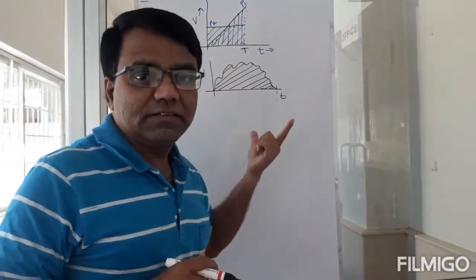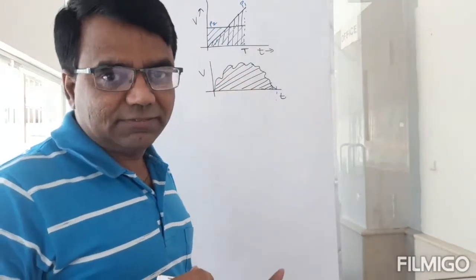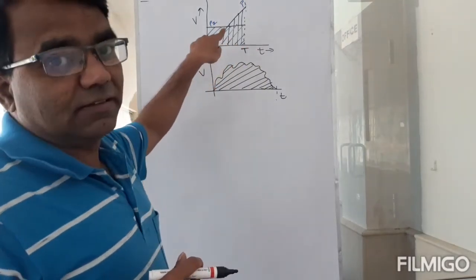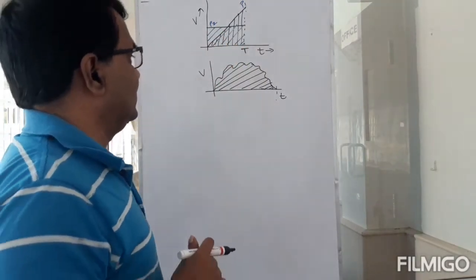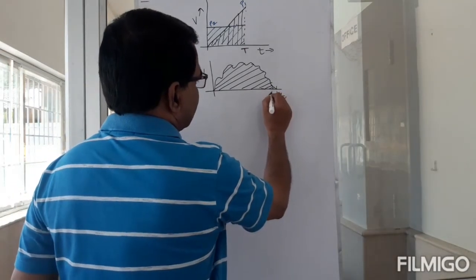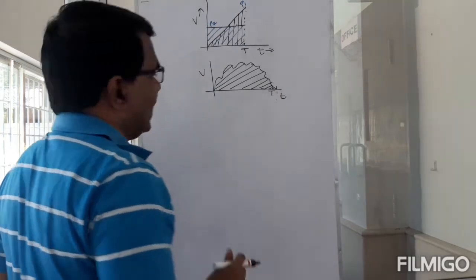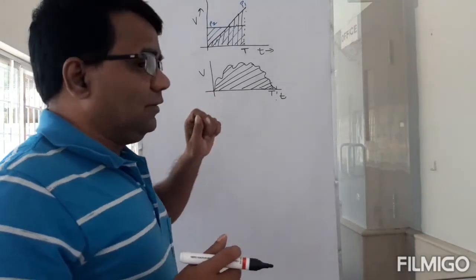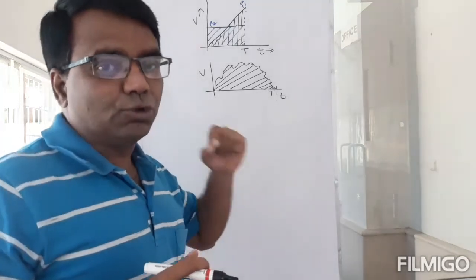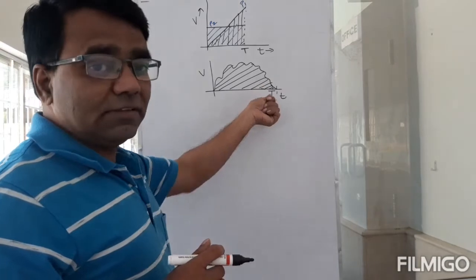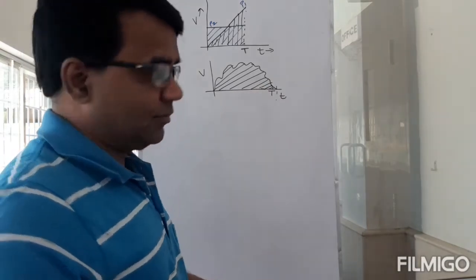So how do you find the average speed for this guy? Well, the same way I did the average speed for this guy. So what I will do here is that I will take this time, call this capital T, and calculate the speed with which I should travel to reach E road in the same time. Okay?